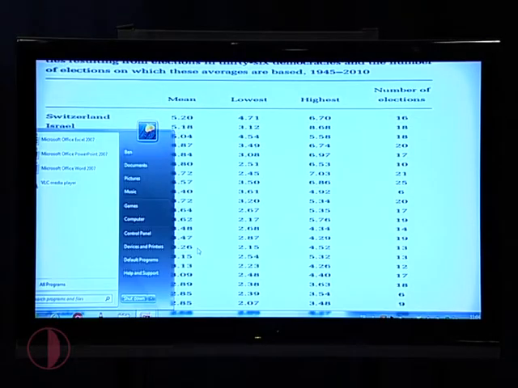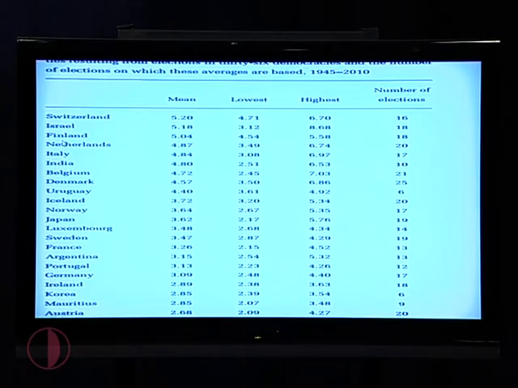For instance, on average, in Switzerland there were over 5 parties in the parliament, and over 5 parties in the parliament for Finland, but less than 3 parties in the parliament for Ireland, Korea, Mauritius, Austria, Costa Rica. I recommend you have a look at the table there in the slide, as well as the other tables in Professor Lijphart's books.